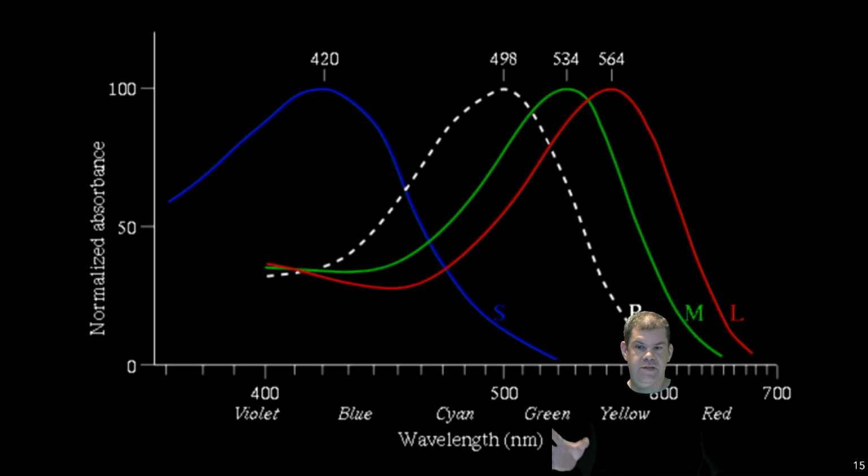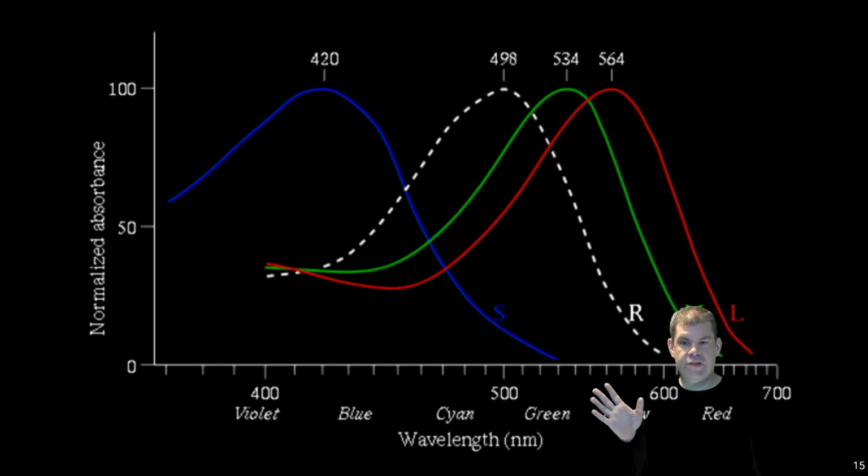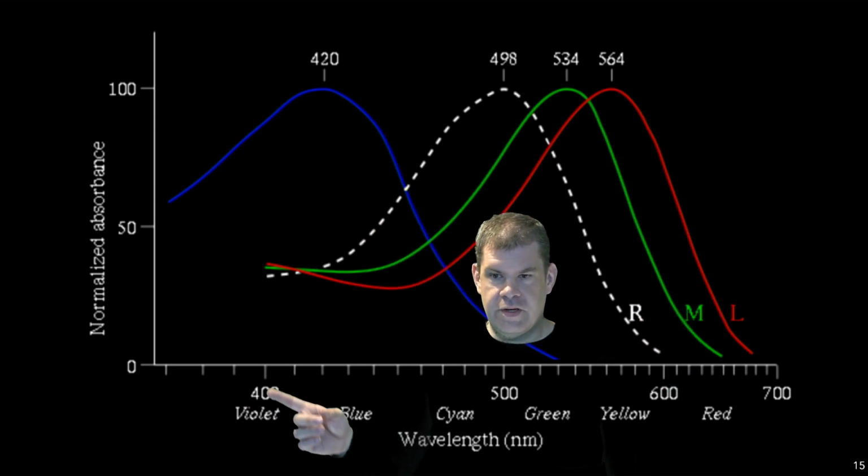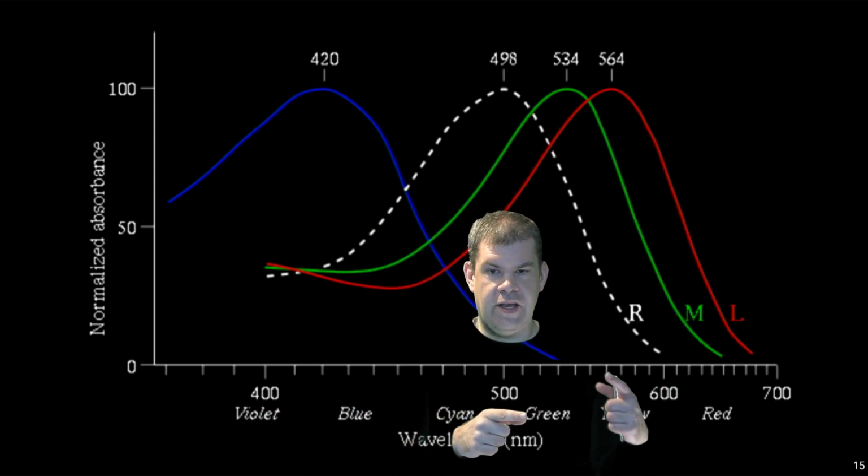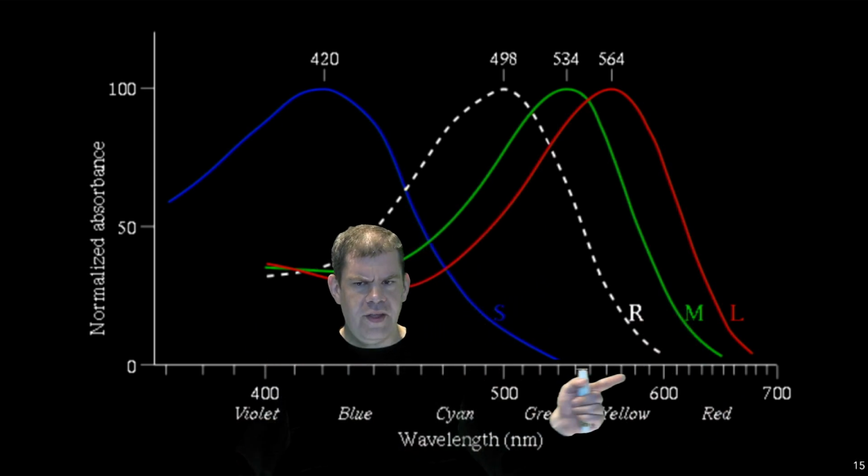So what does this graph show us? As you can see, it's the normalized absorbance versus the wavelength, or color. For all intents and purposes, wavelength and color are kind of the same thing here. I even put color marks at the bottom: violet, blue, cyan, green, yellow, red, which corresponds to wavelength.